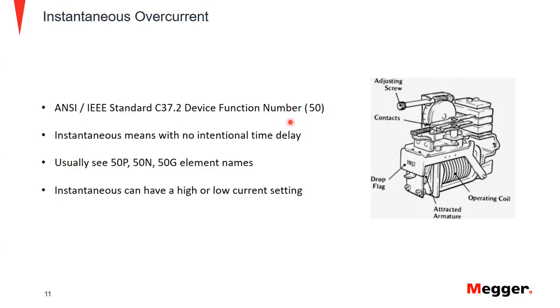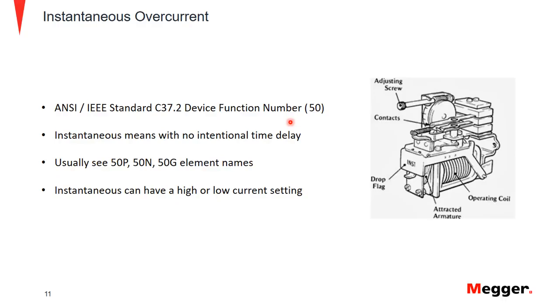The instantaneous, again, means no intentional time delay. When the current has exceeded a predefined protection setting, we want it to operate in the shortest amount of time possible. Usually you'll see the 50 element with phase. You'll see it with neutral, and you'll also see an instantaneous ground element as well.